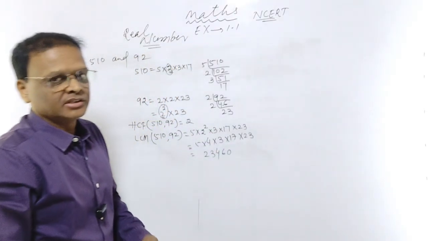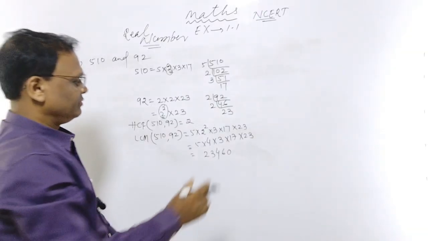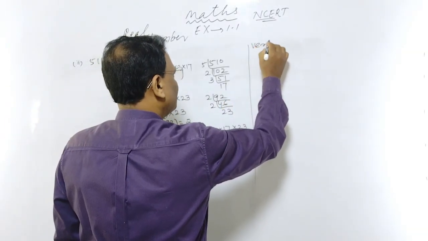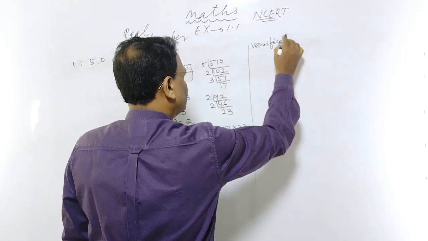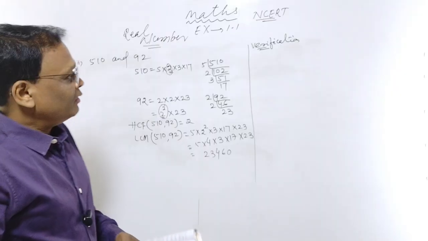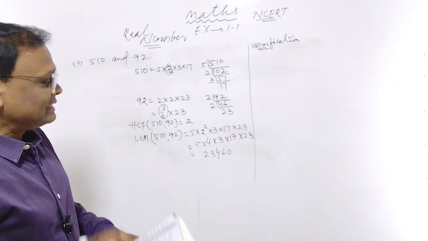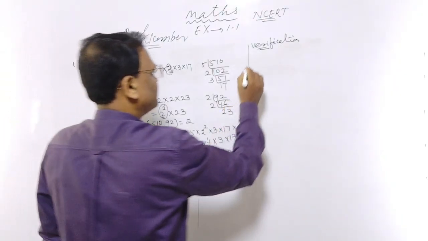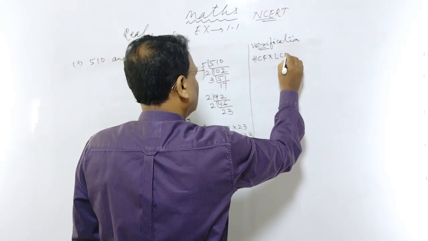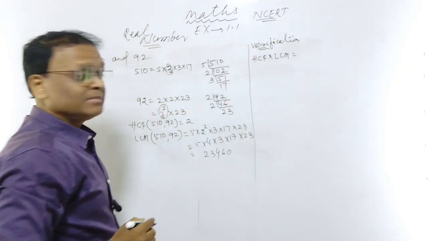The second part is verification. You have to verify. First, what to do? I have to multiply HCF into LCM. What is my HCF?